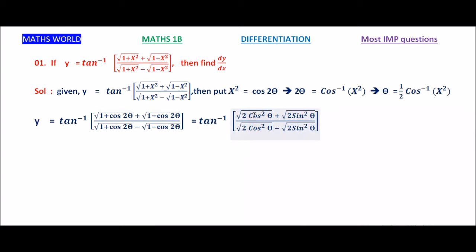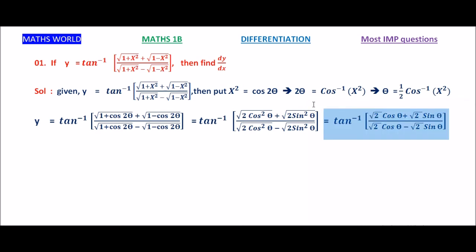Observe, root cos square theta is cos theta, root sin square theta is sin theta. So that is equal to tan inverse of (root 2 cos theta plus root 2 sin theta) divided by (root 2 cos theta minus root 2 sin theta).